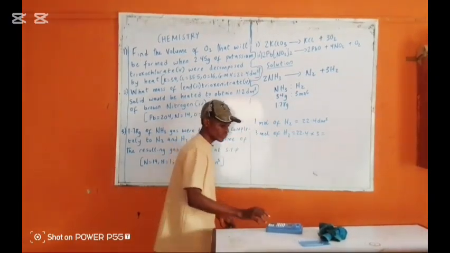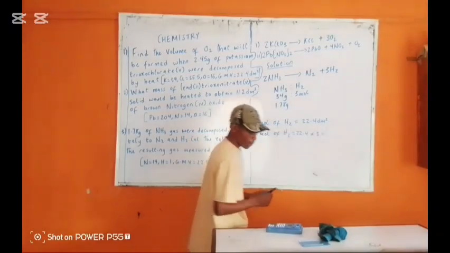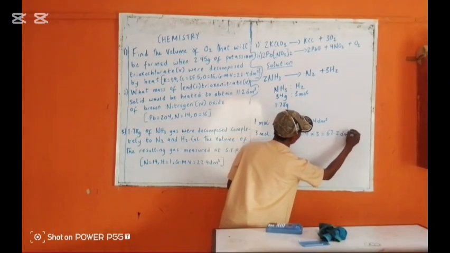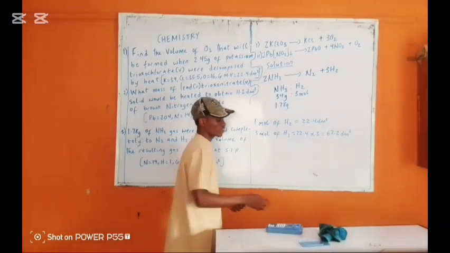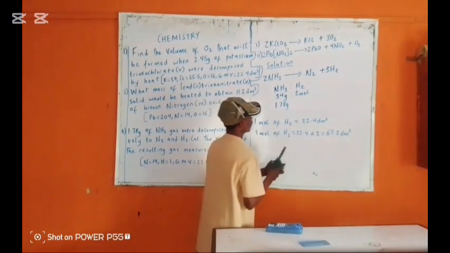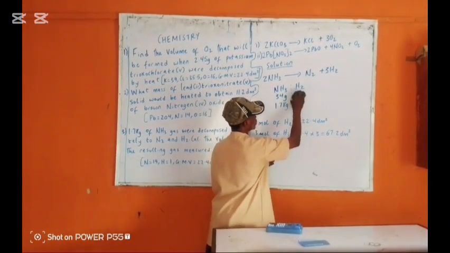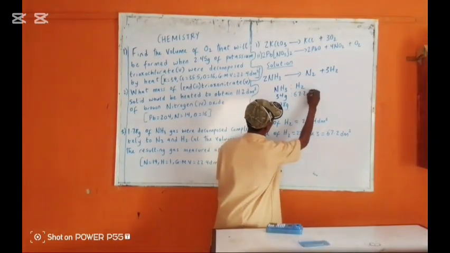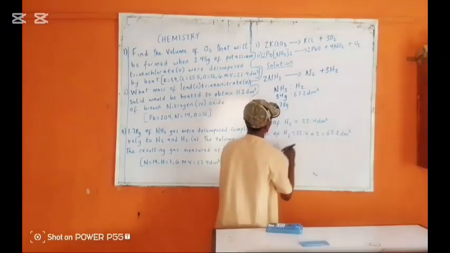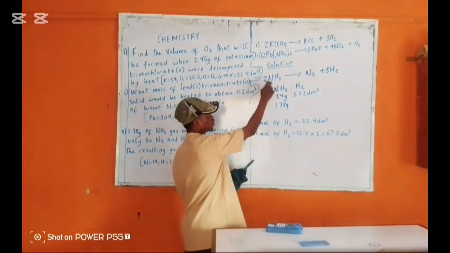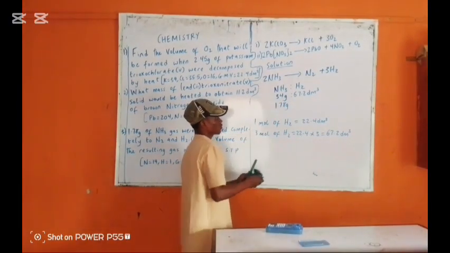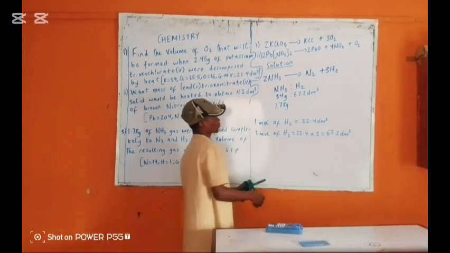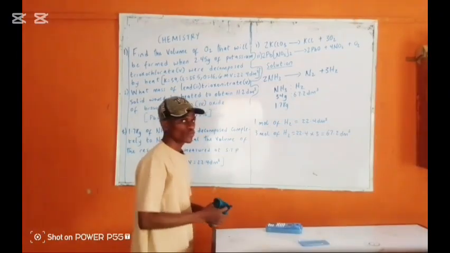That is 67.2 dm cube. So when we use 2 moles, which is 34 gram, we have 67.2 dm cube produced.